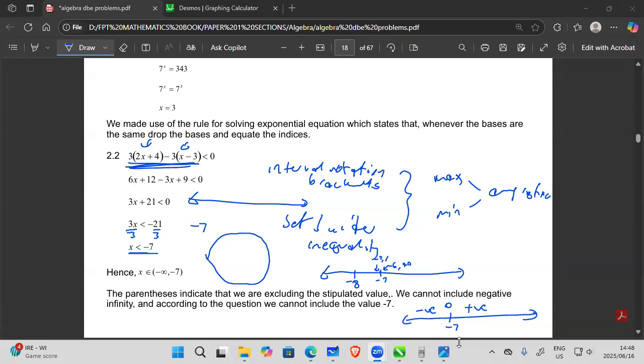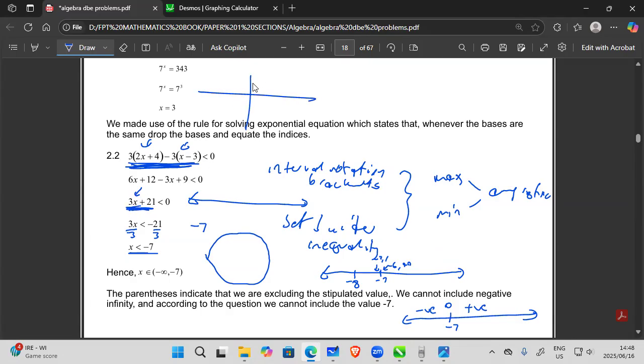Because this is a function. I want to find out when this function is negative. For what values of x must I input into this function such that I output y values that are negative? This here is the same as this here. That's why I'm looking at this function, not that; that's complicated for me to see. If I do a quick sketch of this, the function will look like this.